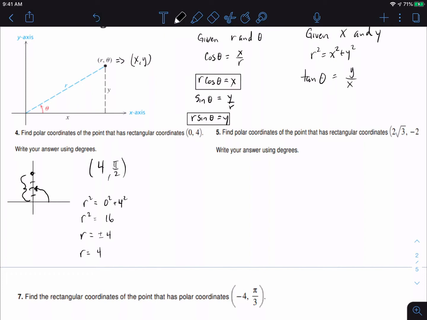Now that we have that, we could also find out the angle. And that would have been y over x, 0 over 4. So then when is tangent of theta 0? Ooh. I did it wrong, actually.